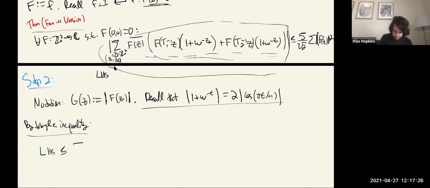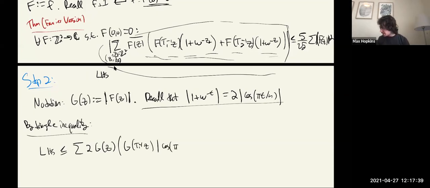It's less than or equal to the sum of 2 times g(z) times g of t1 inverse z times cosine of pi z2 over n, plus g of t2 inverse z times cosine of pi z1 over n.